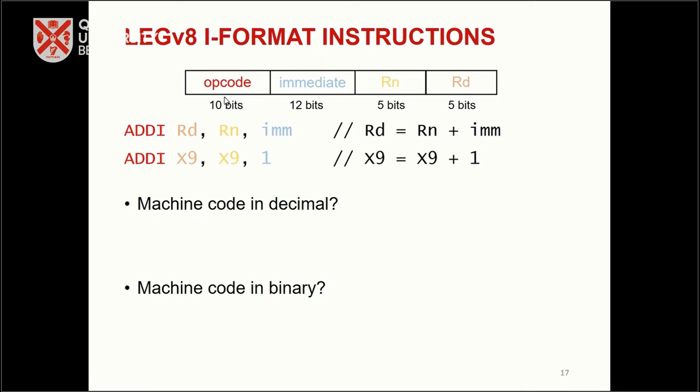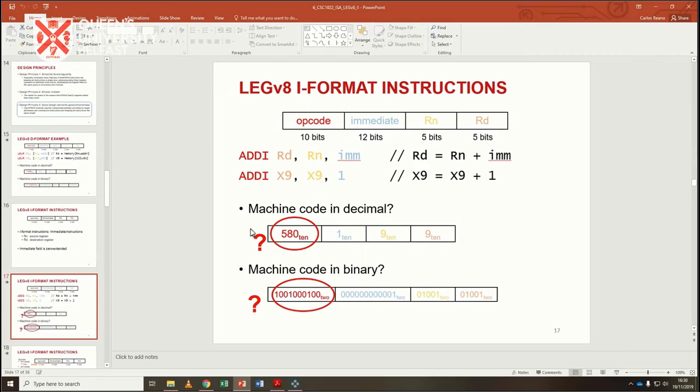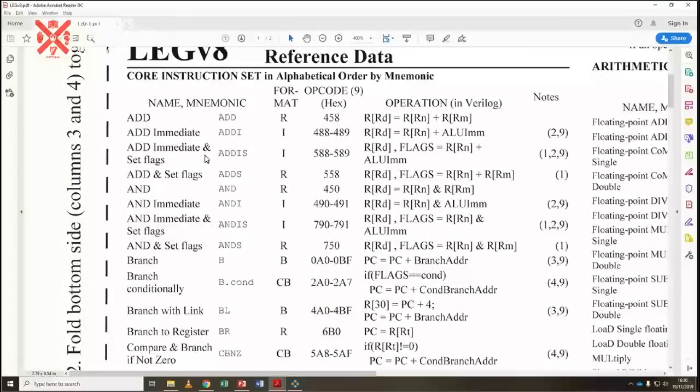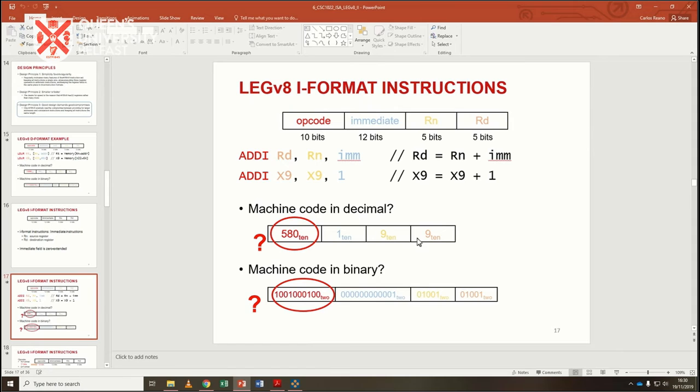So the problem here is, in order to reach this number, if you go to the reference data, you go to the add immediate, which is the one we are using, and we see that here we don't have just one number, we have 2. So which number should we add here?